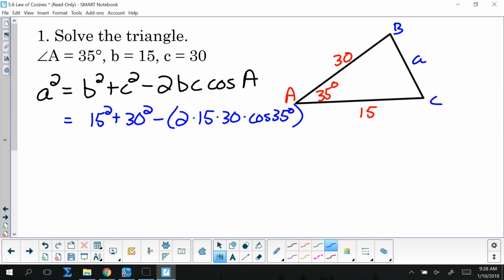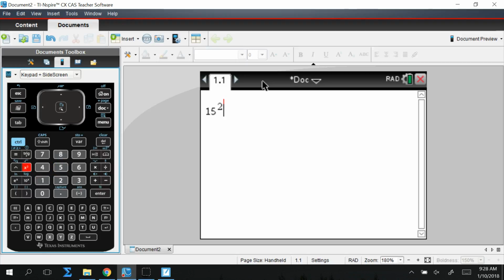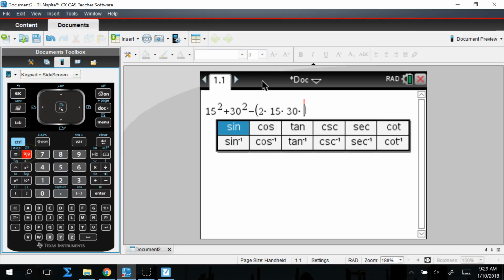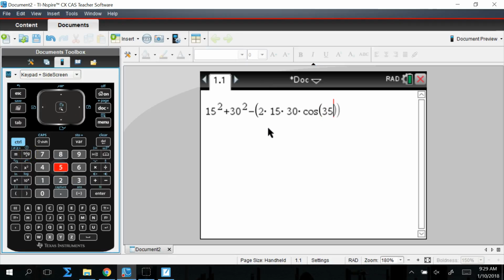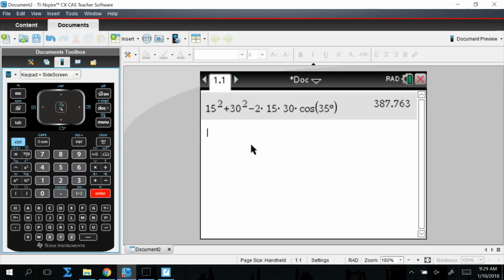Just got to hit equals a couple of times and use parentheses. Okay? So, if I go to type this in, sure, there it is, 15 squared plus 30 squared minus, open parentheses, 2 times 15 times 30 times the cosine of 35 degrees. That gives me 387.763.